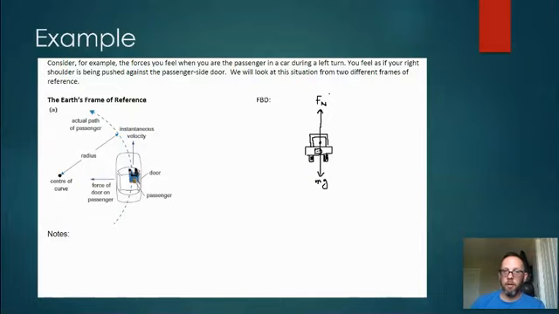And from our perspective, the person in the car is traveling in a circle, right? Their path is uniform circular motion, and the thing providing the centripetal force for the person, forcing that person towards the center of the curve, is the force of the door on the passenger.